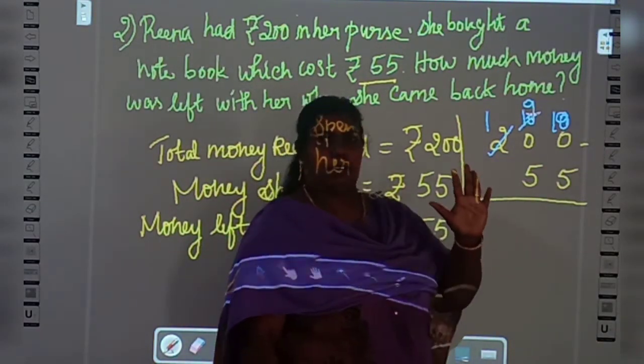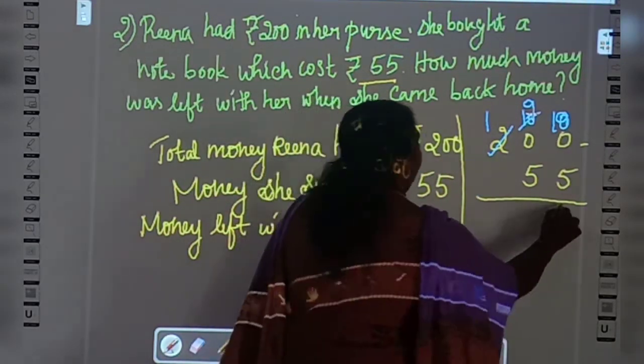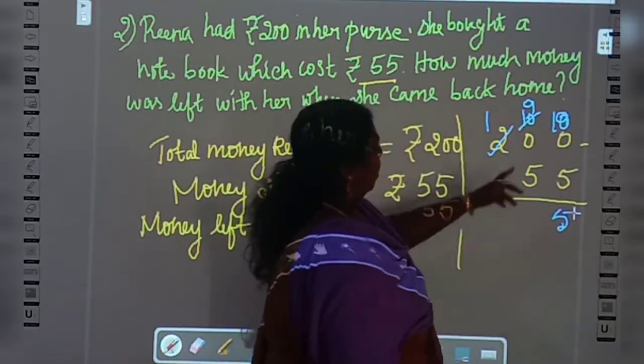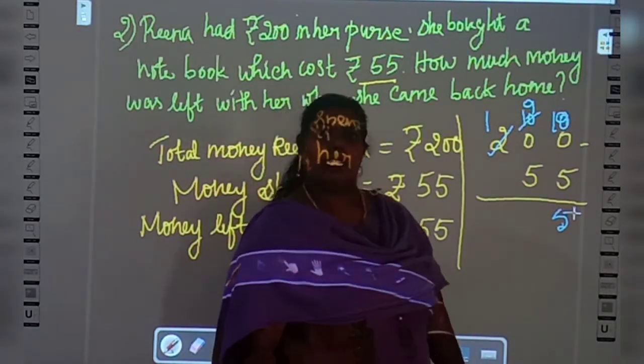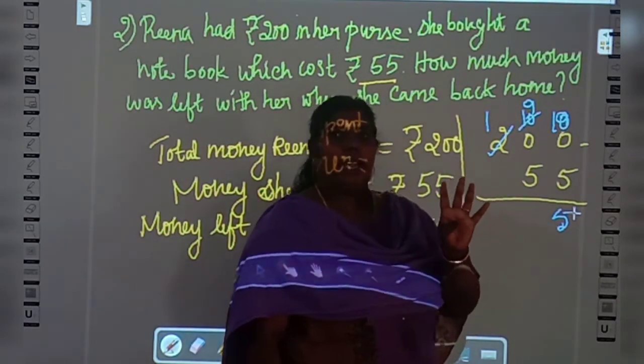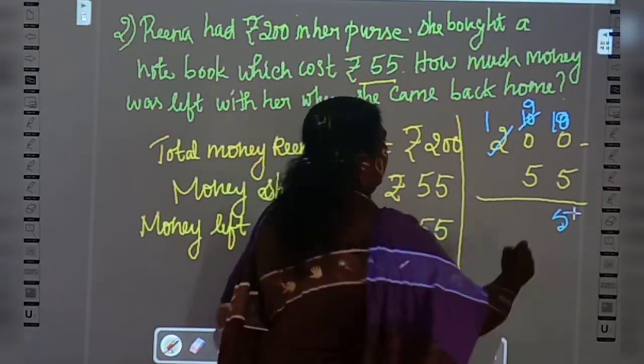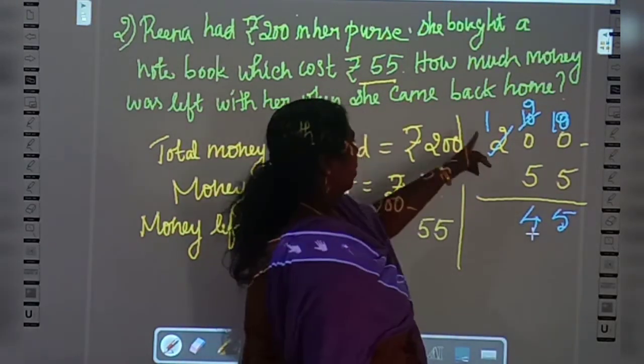10 minus 5, how much? In our mind, take 10 and count back 5 fingers: 9, 8, 7, 6, 5. Yes. Then 9 minus 5. 9 minus 5 how much? Take 9 and count back 5 fingers: 8, 7, 6, 5, 4. Yes, 4. Then 1.